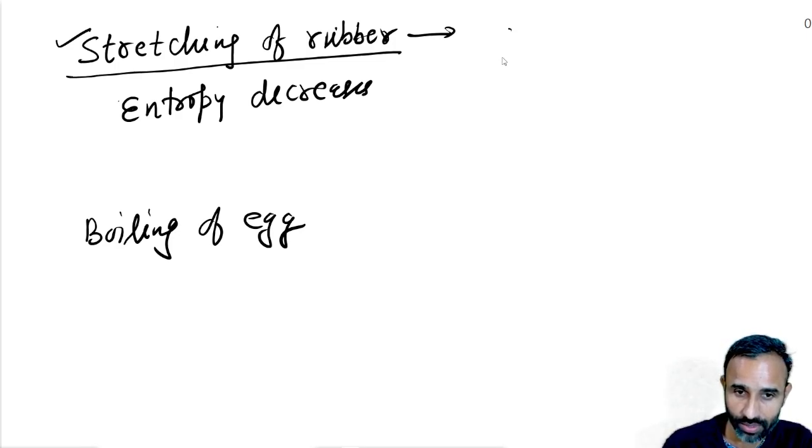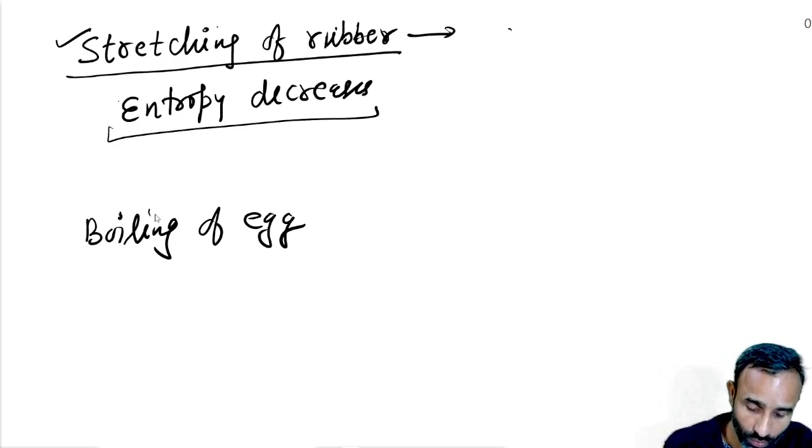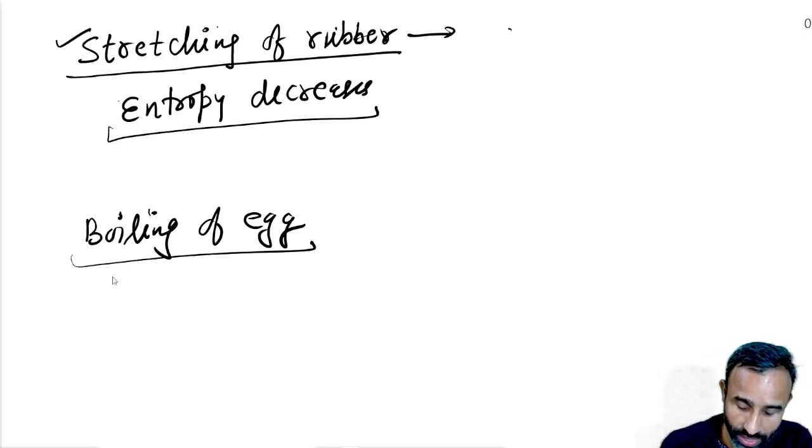Keep in mind, stretching of rubber always decreases the entropy. And when we boil an egg, fibrous protein changes into globular protein.